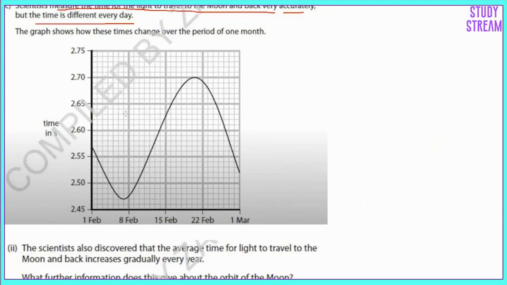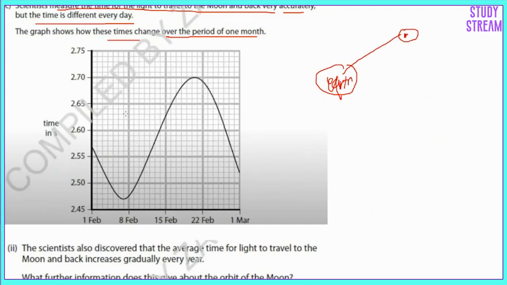Okay, so first of all, let's tackle this part first, even though there was no question. Over the period of 1 month, the time for the light to travel from Earth to the moon changes. That could be because we have the Earth in the center, and then the moon is orbiting Earth.